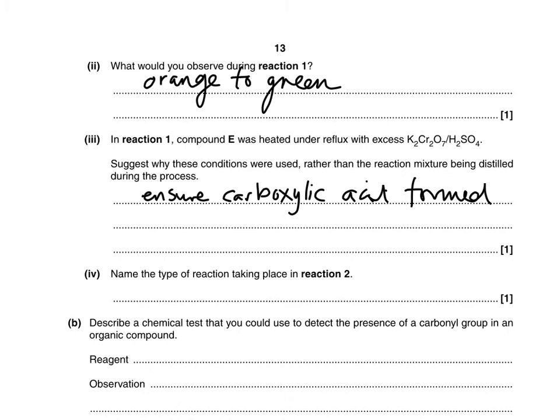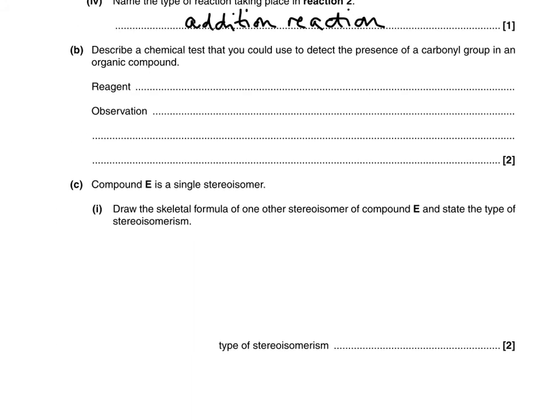So the type of reaction in reaction 2, they'll allow reduction, but strictly speaking it is an addition reaction. We are adding hydrogen to it. So as I say, reduction will get you the mark. So chemical test, to test for a carbonyl group.